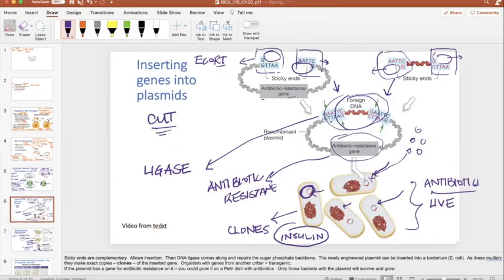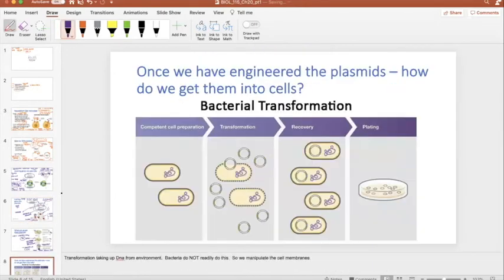Now, once we have this plasmid and we've made it like we want it to, I said that the whole key is that we have to insert these plasmids into the bacteria to get them to grow. And you might be wondering how we go about inserting the plasmids into some bacteria. That is a process called bacterial transformation.